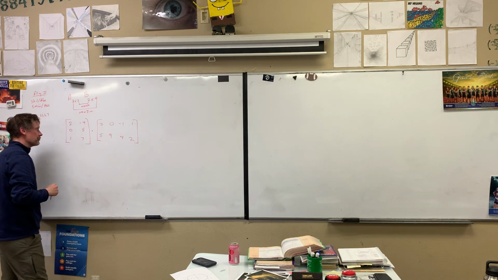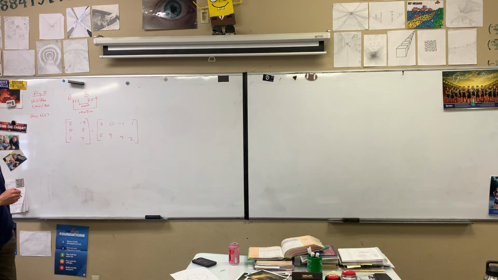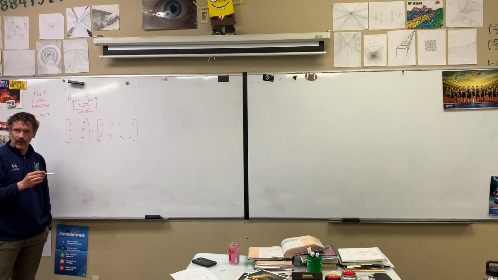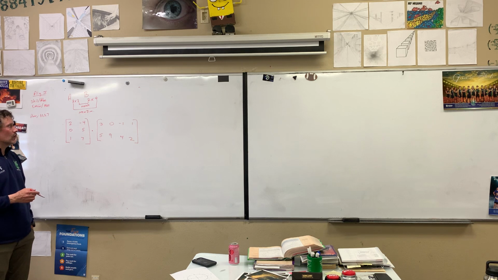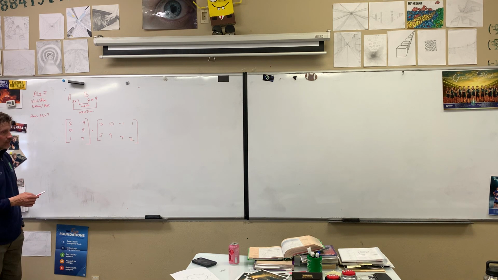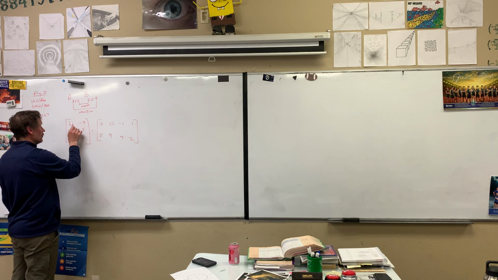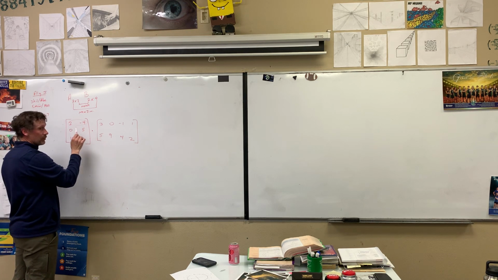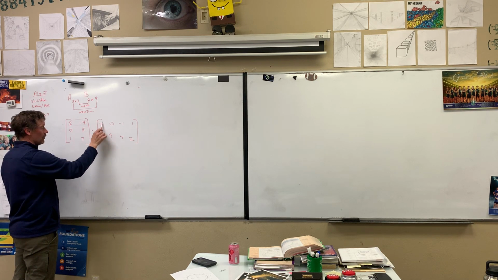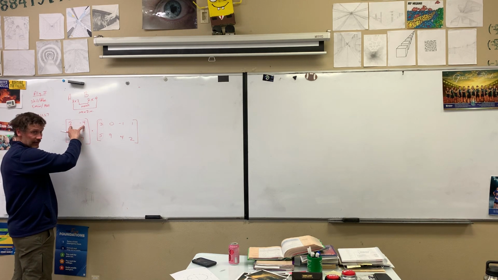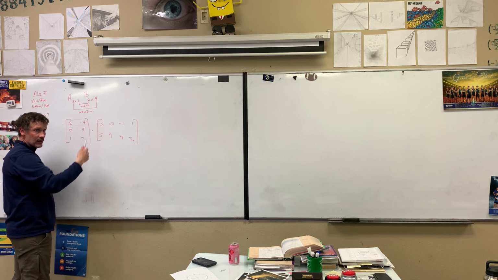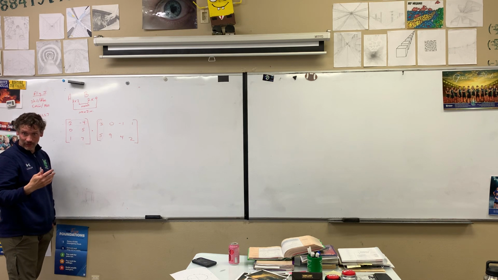Okay, so the reason why they have to match is the way the matrix multiplication works: when we go to multiply, you are going to take your rows and multiply them by your columns. There are 2 numbers in this case times 2 numbers, but you're only going to end up with 1 value.